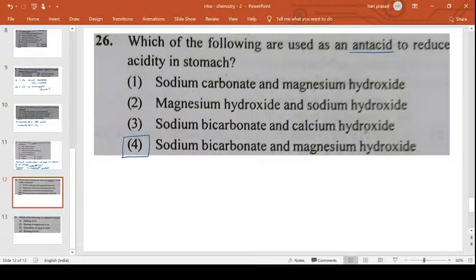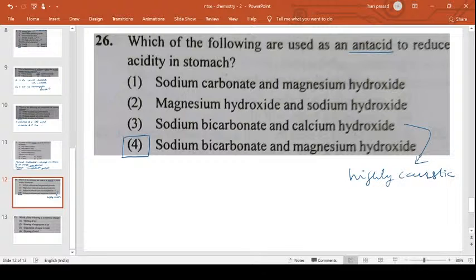Why not calcium hydroxide? Calcium hydroxide and magnesium hydroxide belong to the same group. Then why are we not using calcium hydroxide? Calcium hydroxide is highly caustic. Caustic, in the sense, you might have seen after washing clothes with washing soap, you can see your hands.